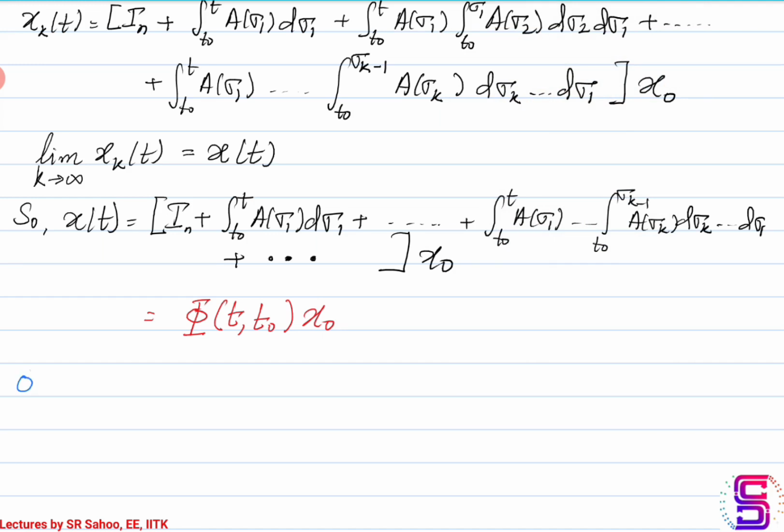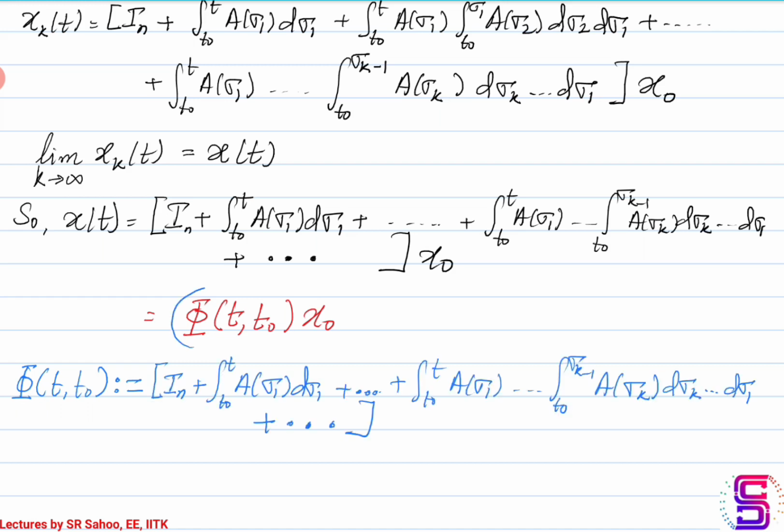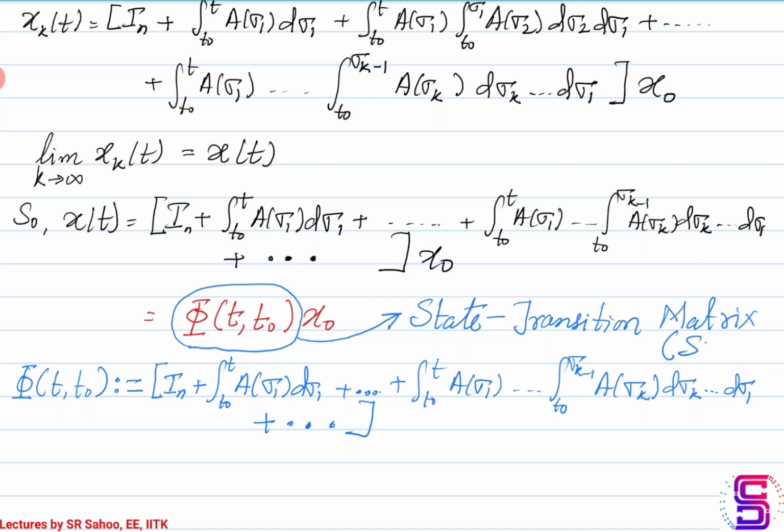So basically this phi of t comma t0 is what we have here, and this matrix that you get is known as the state transition matrix, also popularly known as the STM.